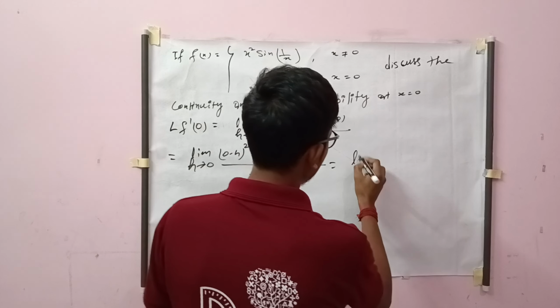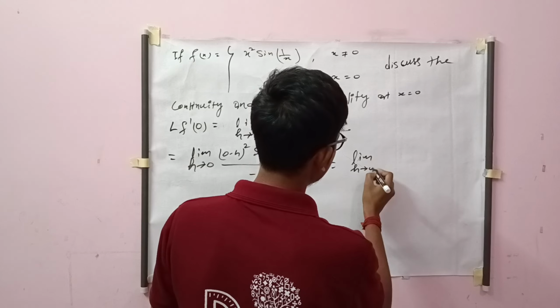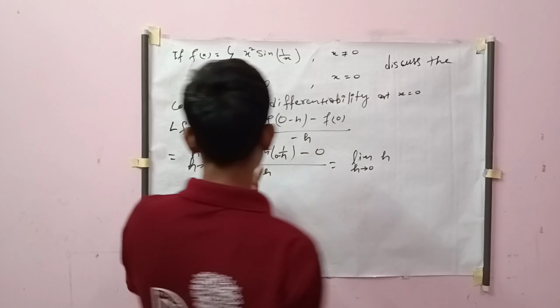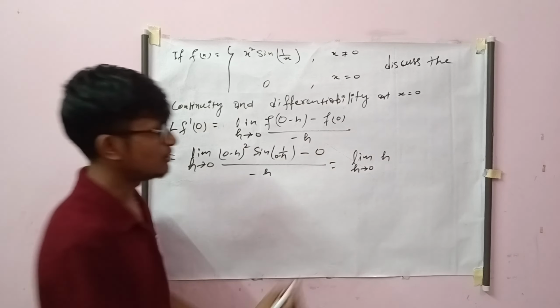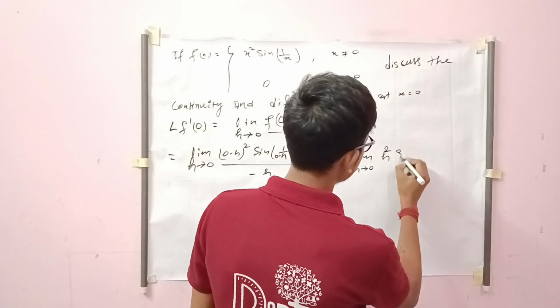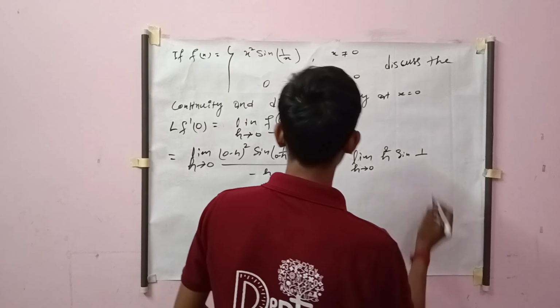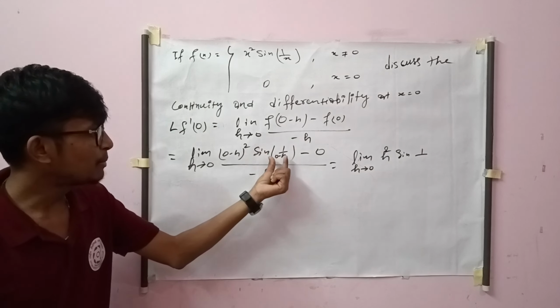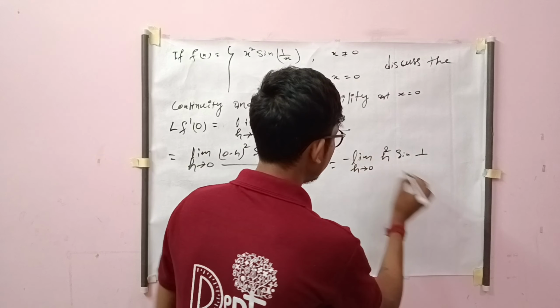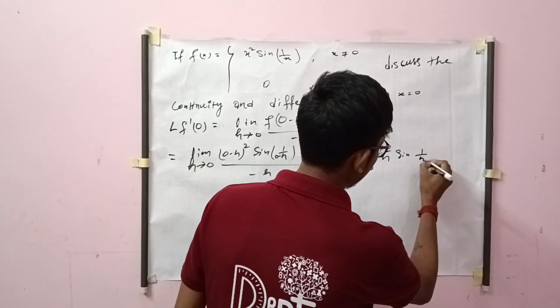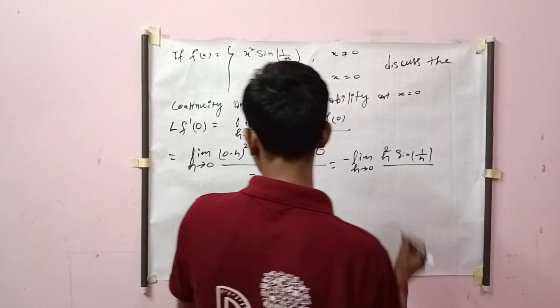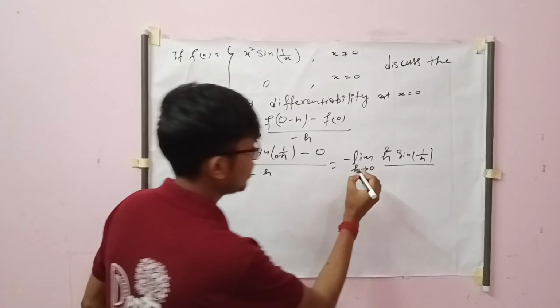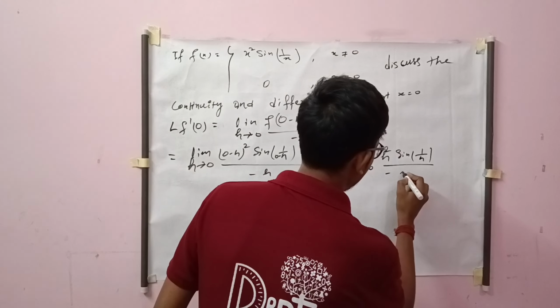Equals limit h tends to 0 of minus h square into sine of 1 upon minus h, which will be minus sine 1 upon h, upon minus h.